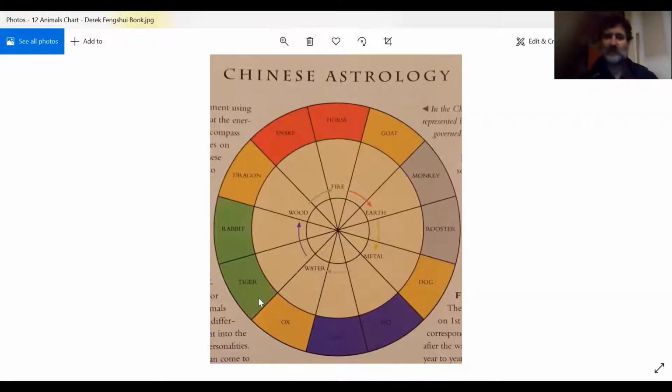The native element of tiger and rabbit is wood. The native element of snake and horse is fire. Monkey and rooster are metal. The pig is also water. And the earth signs are ox, dragon, goat, and dog. Really great chart. This is really helpful.